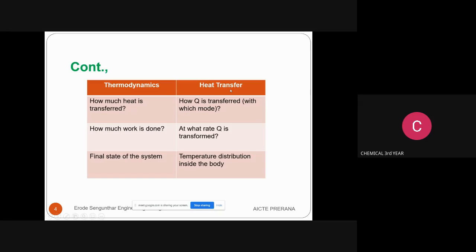But in heat transfer, we discuss only the rate of heat transfer. We will not discuss the work point of view.